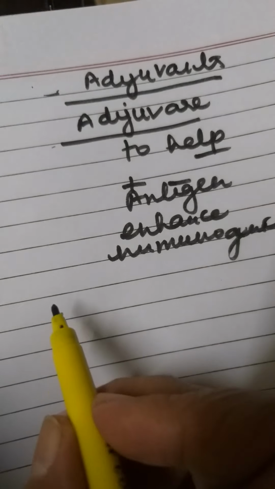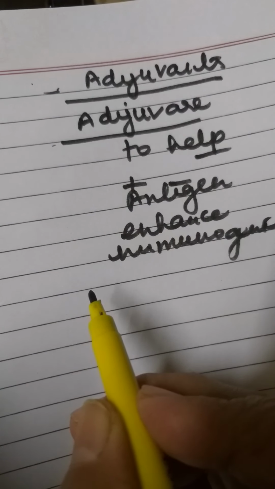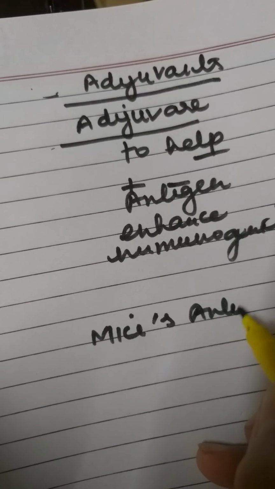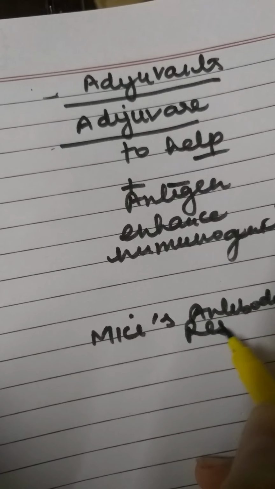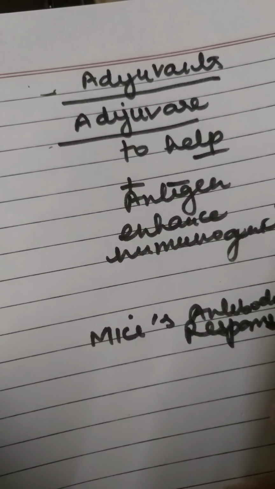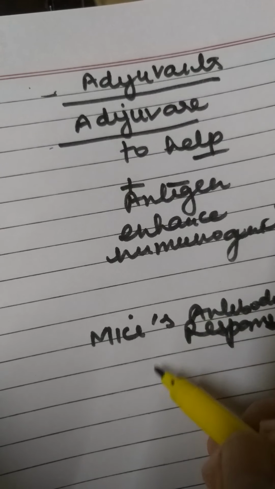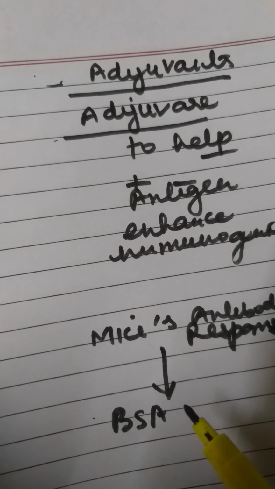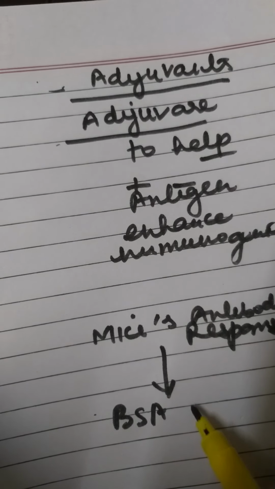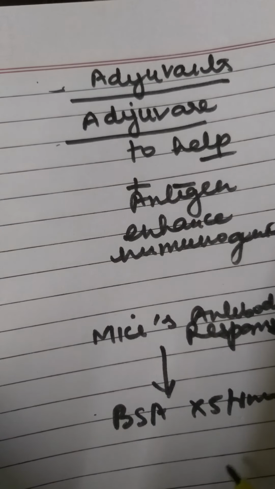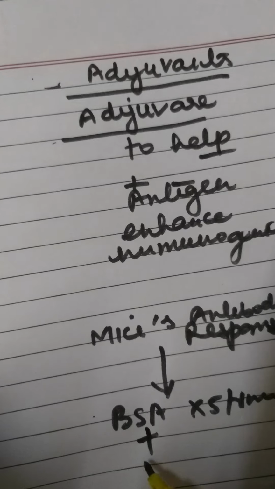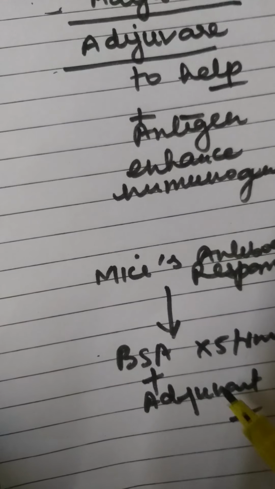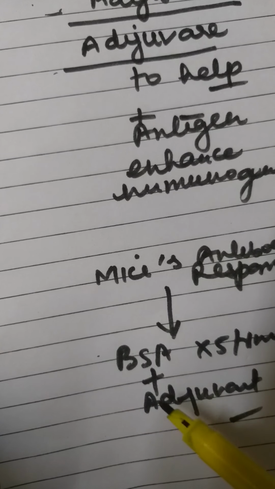For example, the antibody response of mice to immunization with BSA can be increased about 5 times when BSA is mixed with adjuvant. So that is how the immunogenicity of BSA could be enhanced.